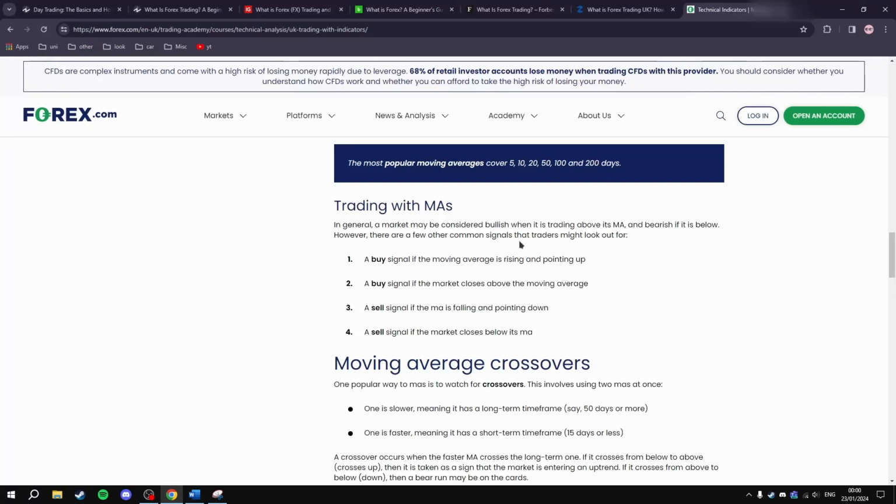However, there are a few other common signals that traders might look out for. A buy signal if the moving average is rising and pointing up.